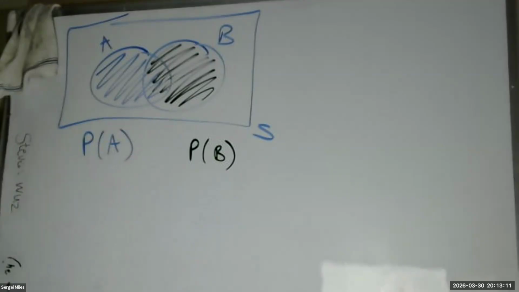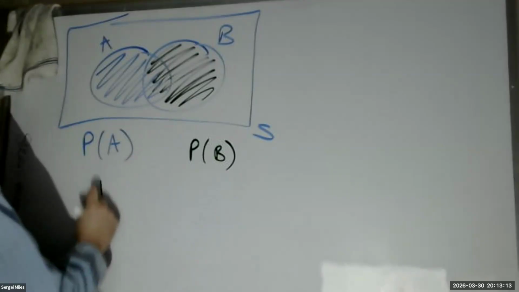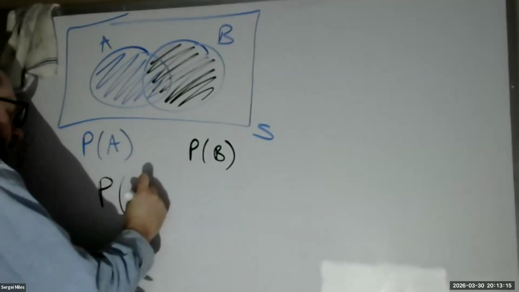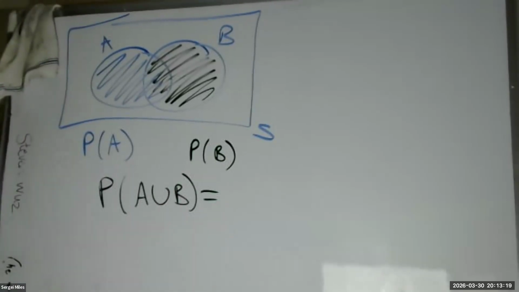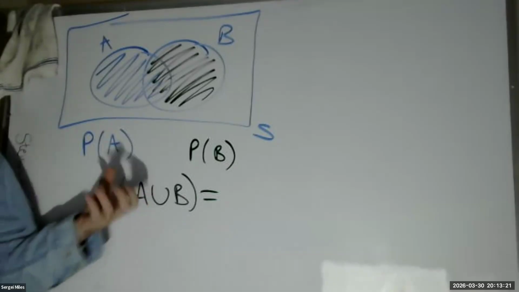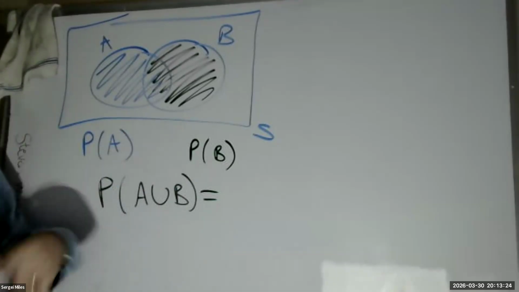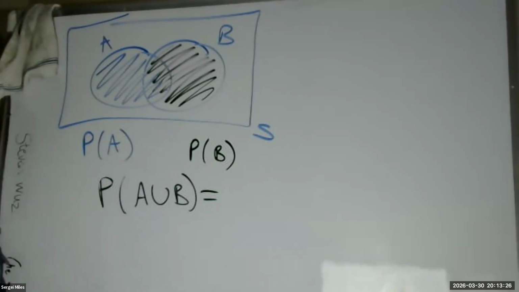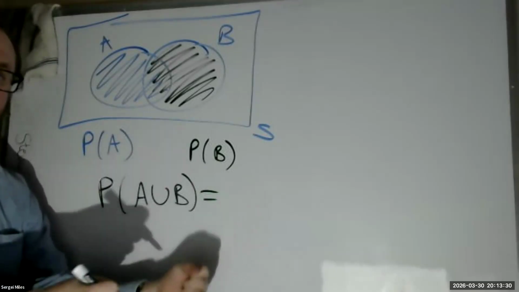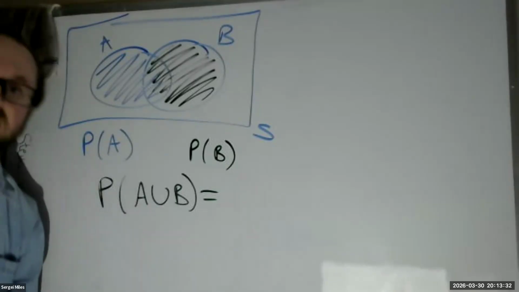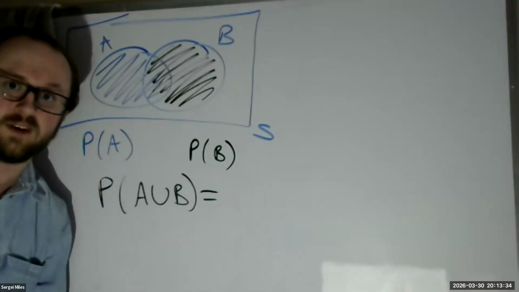When I try to calculate the probability of the union of these two, as we previously said, the union means that I'm taking both events and dumping them all together. We saw examples of this in the last video, where if I have a set A and a set B, I mix them together, and that is the union between multiple events.